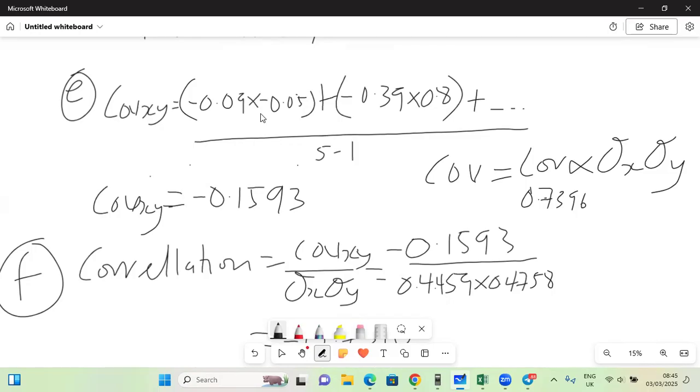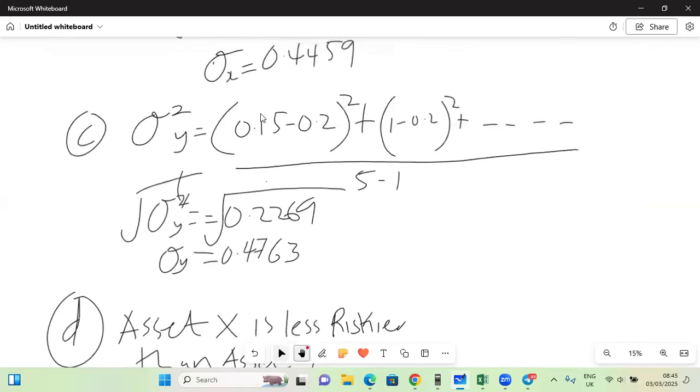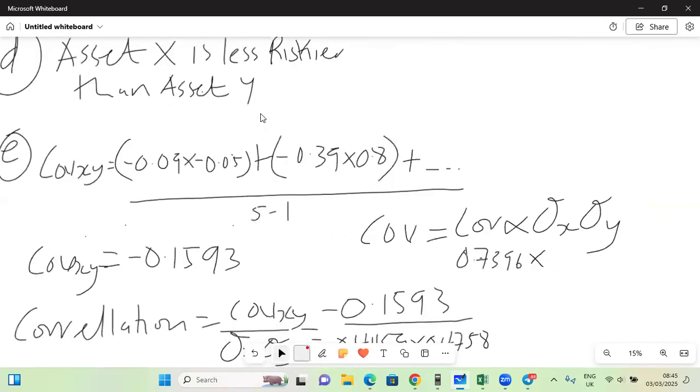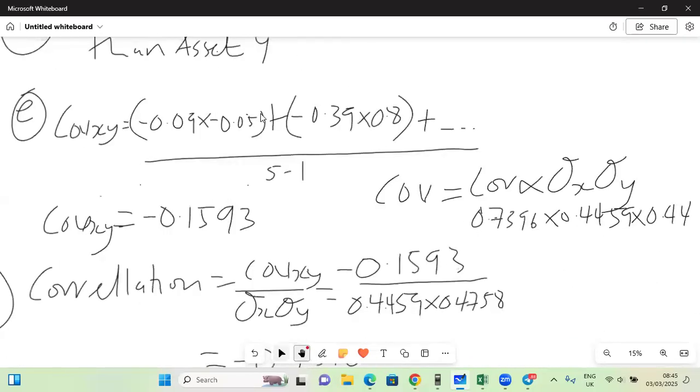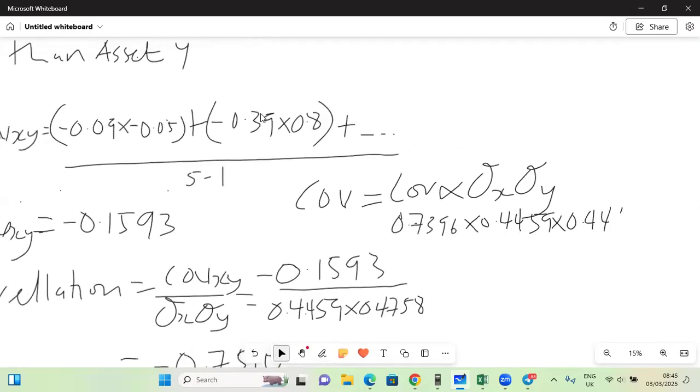Times the standard deviation of x, which we computed up there, 0.4459, times 0.4763. That will be the covariance of x and y.